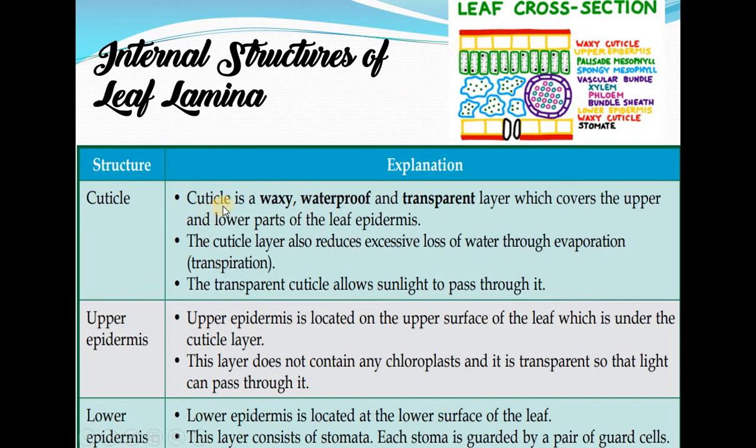The cuticle is a waxy, waterproof and transparent layer, which covers the upper and also lower parts of the leaf epidermis. The cuticle layer also reduces excessive loss of water through evaporation or transpiration. So you have to know the function of the cuticle: reduce excessive loss of water.